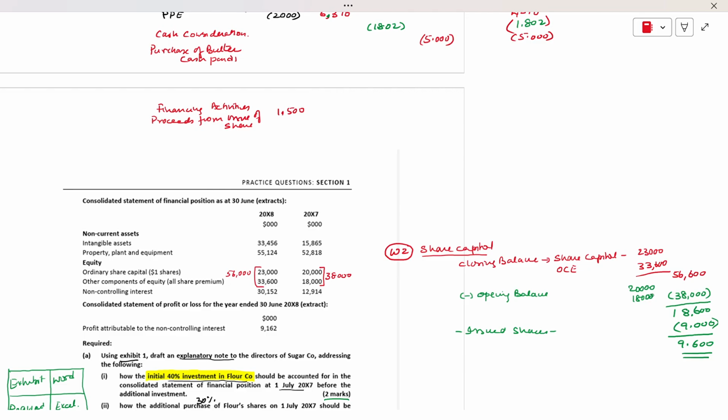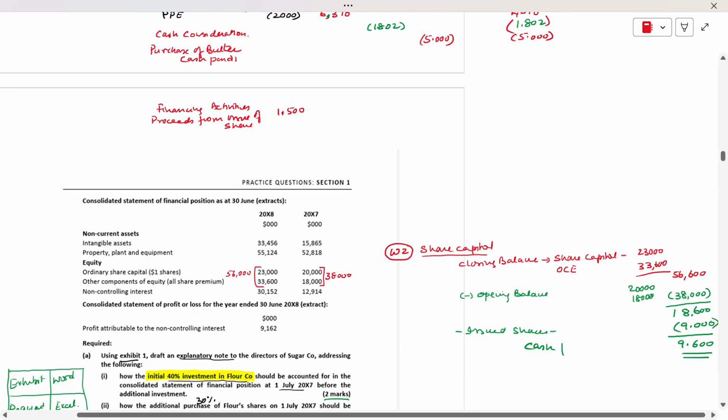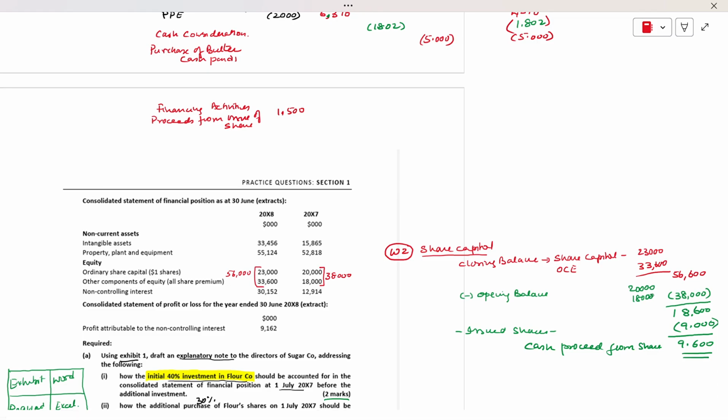Issued shares, cash proceeds from shares. Proceeds from issue of shares is how much?